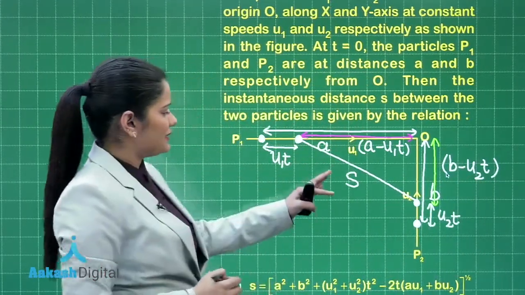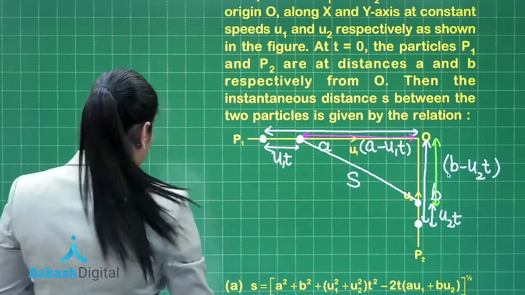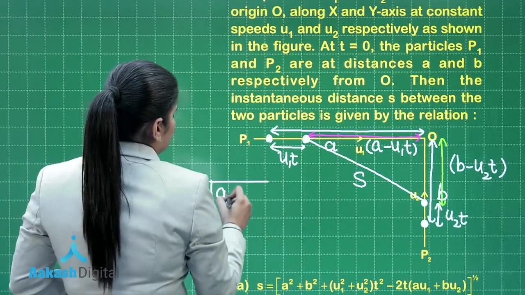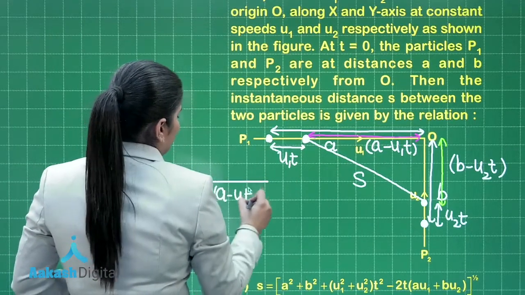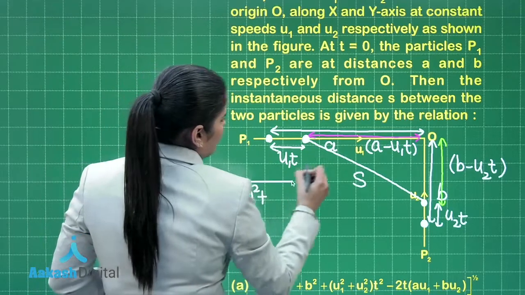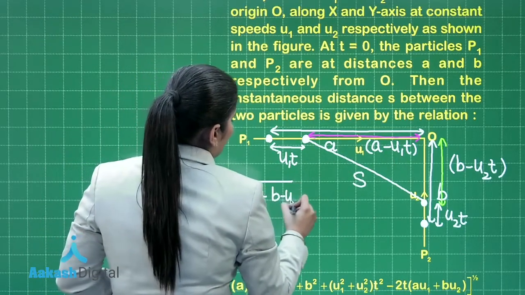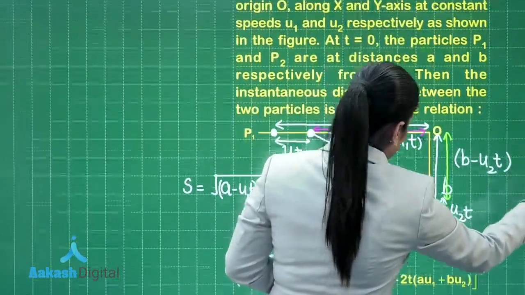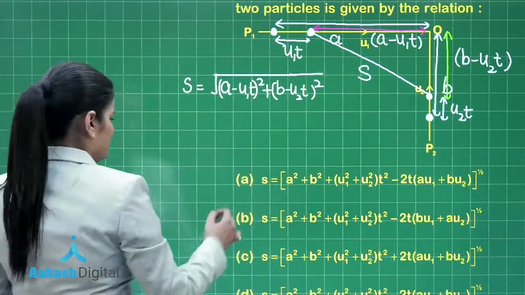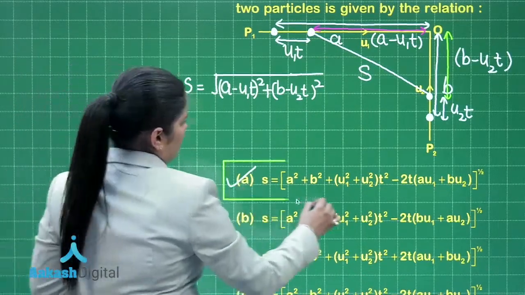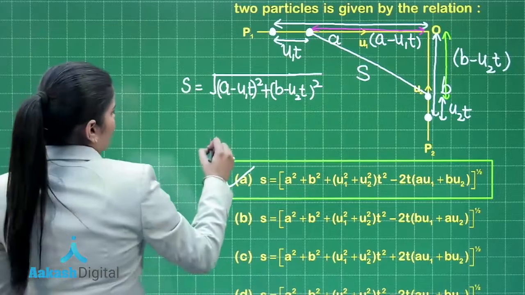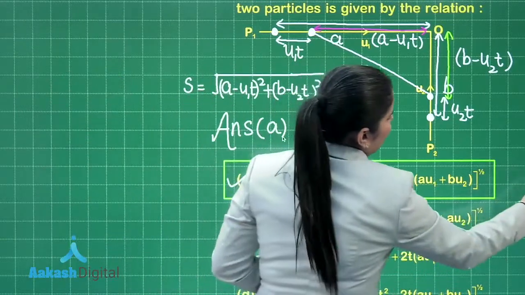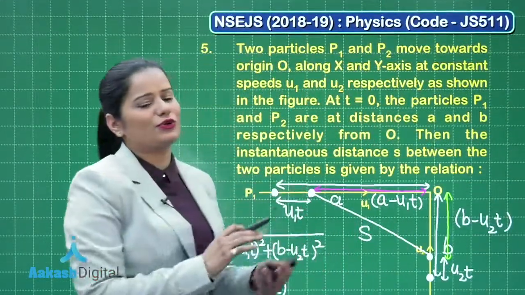So we can calculate this s by using the Pythagoras theorem, and s will simply be equal to the square root of a minus u1t whole square plus b minus u2t whole square. If you calculate this, you will get option A as the correct option. So the correct answer for this question is option A. I hope this question is also very clear to you. Now let us quickly move on to the solution for the next question.